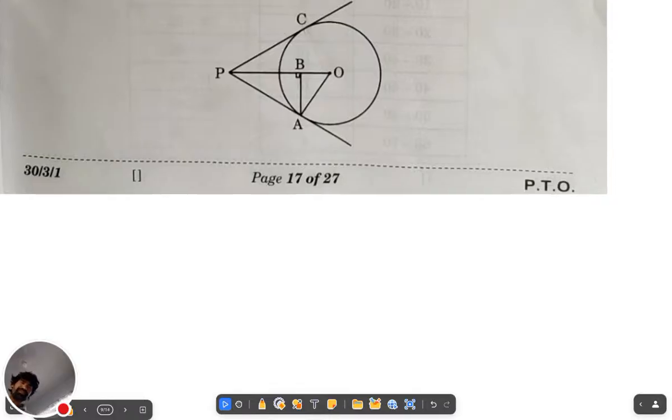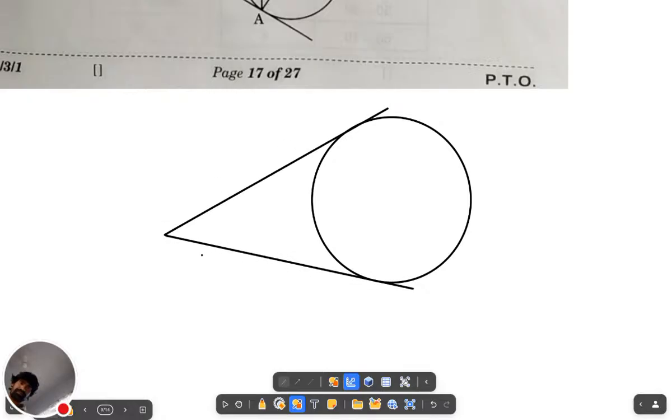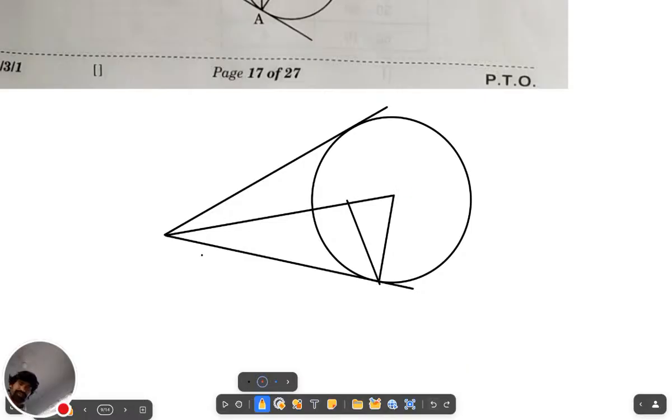Let us redraw this figure. O. So this is B. So angle at B is 90 degrees.